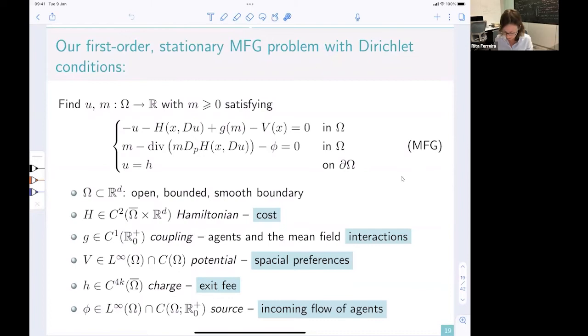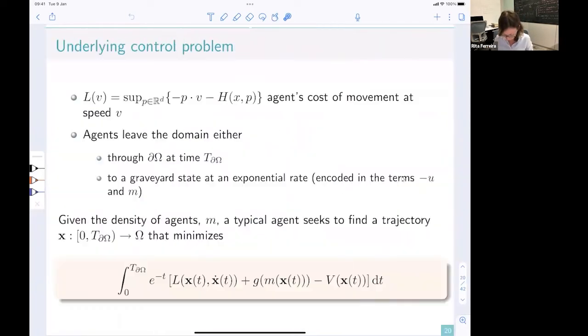I'm not going into the assumptions here, but they are quite mild. Let me just point out what the underlying control problem is.